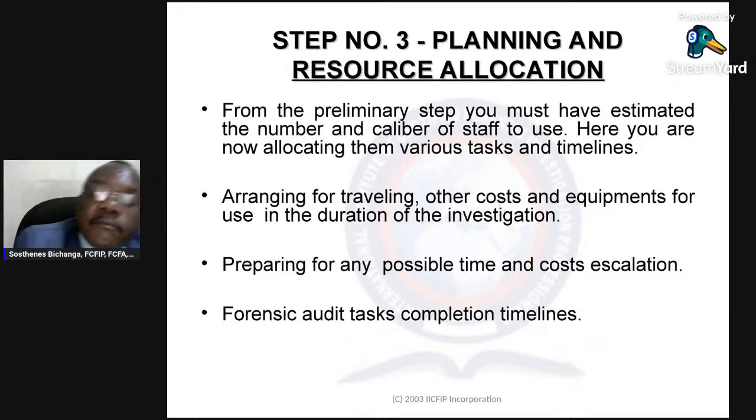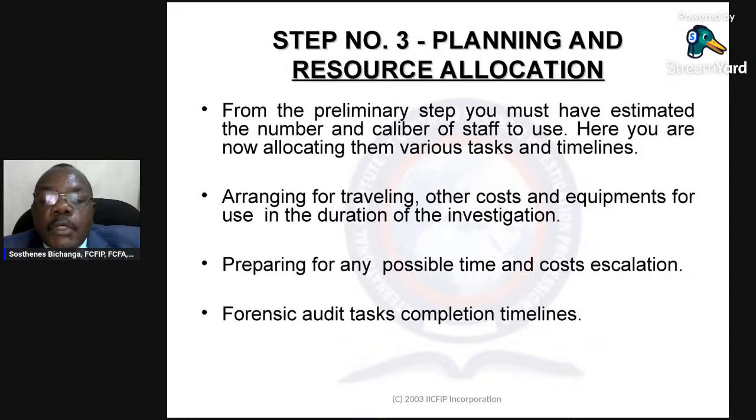Step number 3 is very important, because if we do not plan well and allocate resources well, we automatically plan to fail, and we will fail flat. We will fail badly. An investigation succeeds from the planning stage. If we plan well, we succeed. If we do not plan well and allocate resources well, we fail.